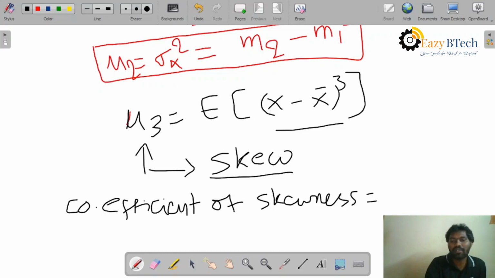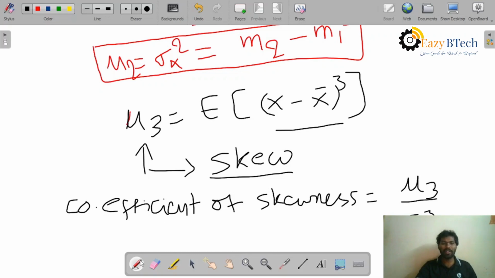Skewness is equal to mu3 divided by sigma x cube, where mu3 is the third order central moment and sigma x square is the variance. If you take the third power of sigma x, it becomes sigma x cube. So mu3 by sigma x cube is called the coefficient of skewness.